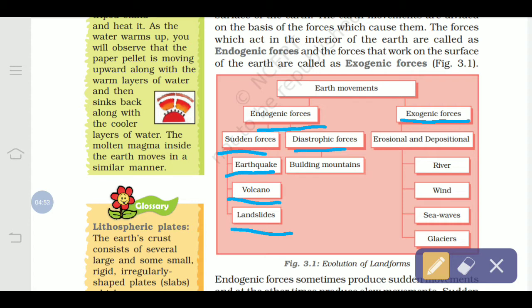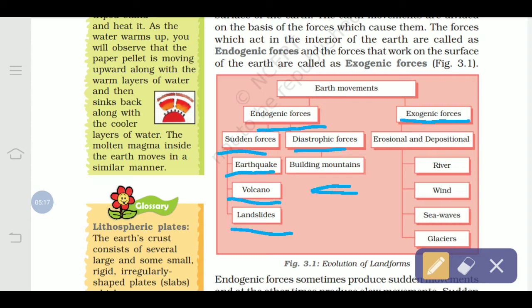And diastrophic forces mean building mountains, the formation of the mountains, how the mountains are formed. The different kinds of mountains are formed in different ways. So that is diastrophic forces.